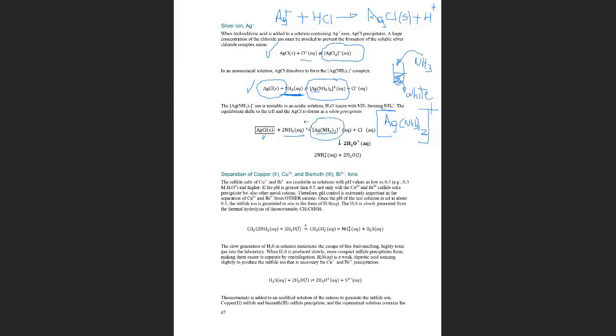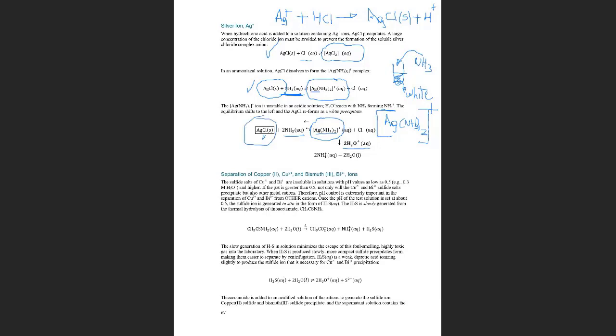But then, if you want another confirmation, this complex is not stable in acid. So what happens is that you add an acid, and again, it's not stable, and you obtain again the precipitate.